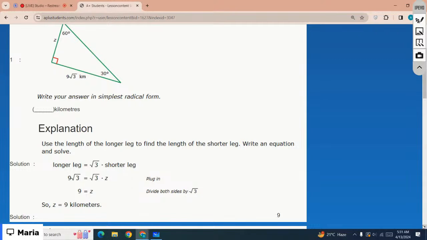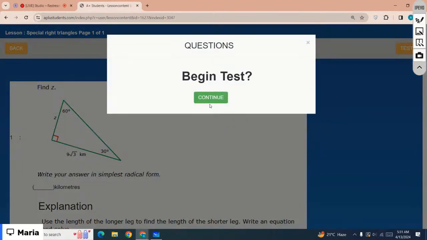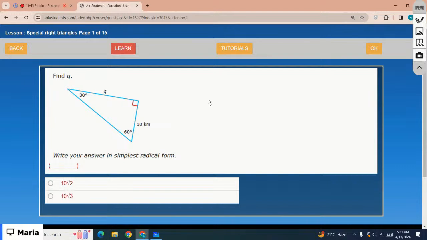Let's just start with the test questions. Okay, you have to calculate the length of Q. That is 10 square root 3.